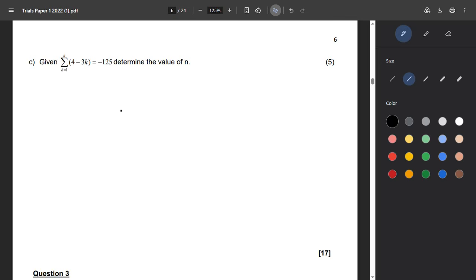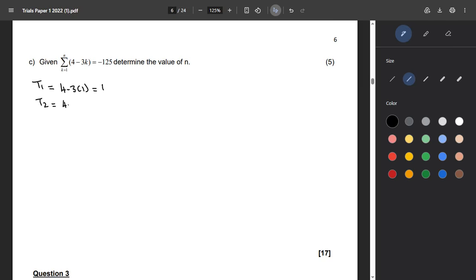Can we please try by determining the type of sequence that we're working on? Let's determine the sequence. I'm going to look at my T1, because it starts at k equals 1. So my T1 will be 4 minus 3, where there's k, I put 1. This gives me 4 minus 3 times 1, that's 1. Then I'm going to look at my term number 2.